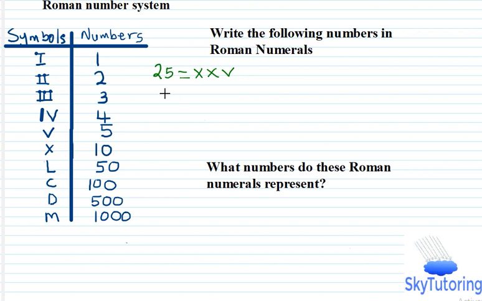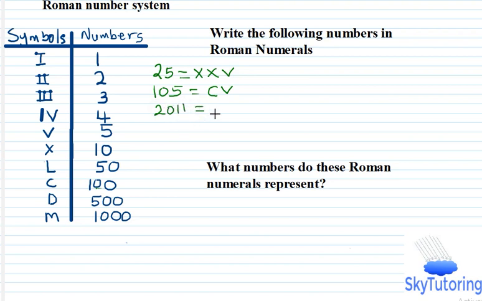Now, another example will be 105, okay? 105. So 105, we know that 100 is C, sorry, and then 5 is V. So 105 will be CV. Okay, let's see another example. Let's say we have 2011.